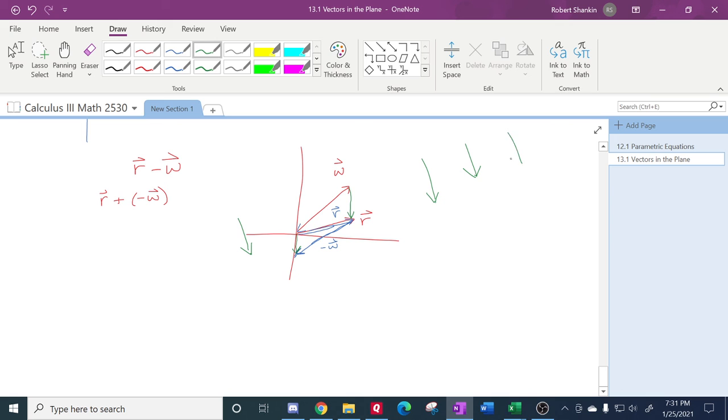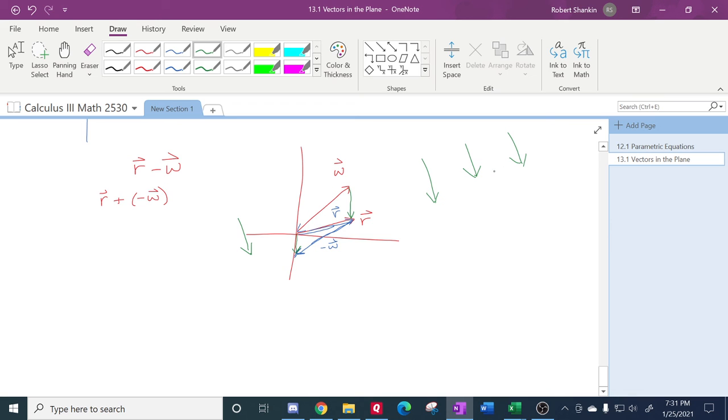These are all exactly the same vector, and you can move the vector wherever you want. We have only one preferred position, and that is standard position when you put its tail at the origin. But other than that, they're all identical, and they don't have to be in standard position. We just like them to be in standard position when we work with it, like when we add them and subtract them and stuff.